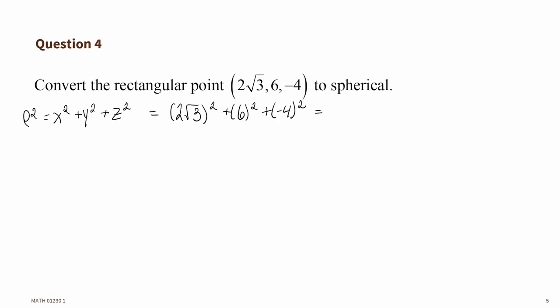What is negative 4 squared? 48 and 16. So what's rho? Yep, rho is 8.